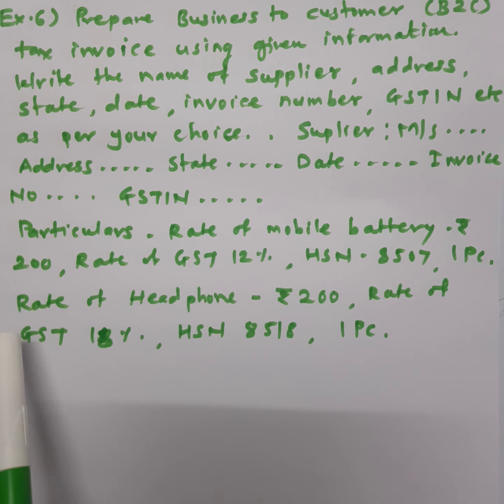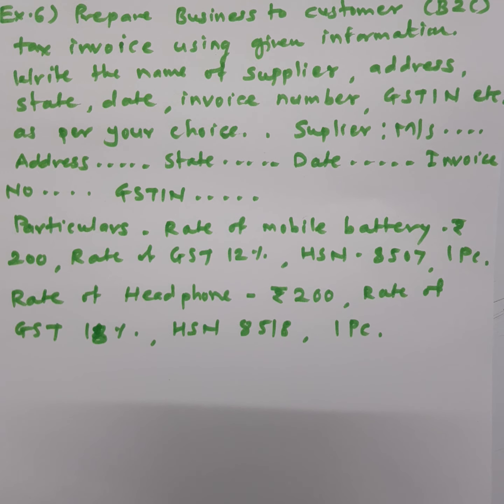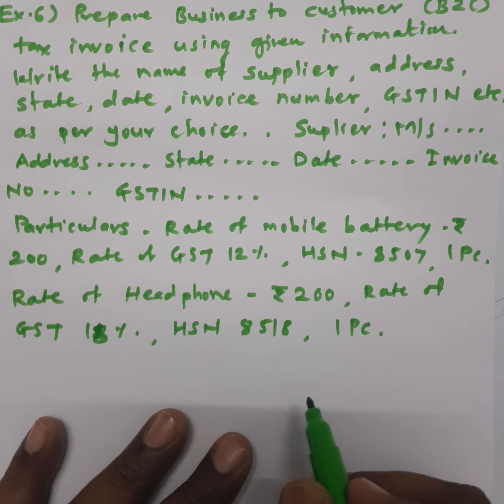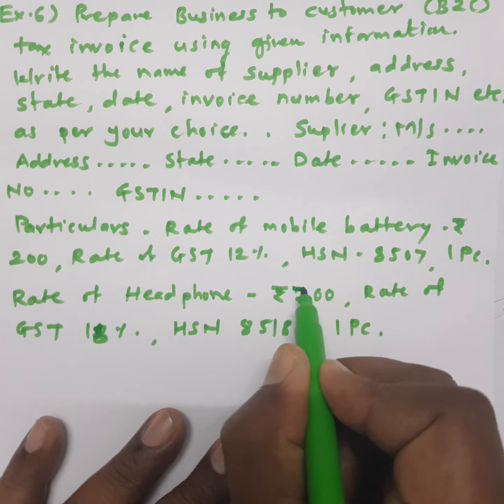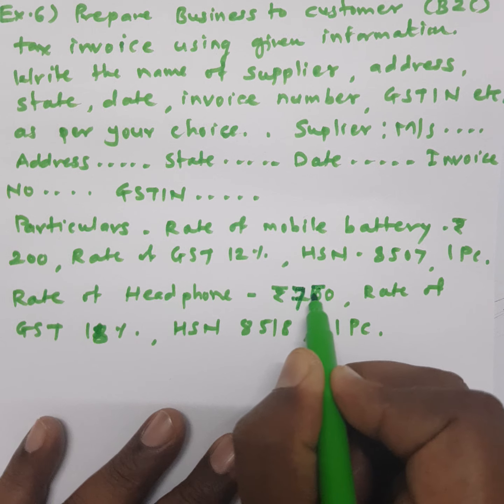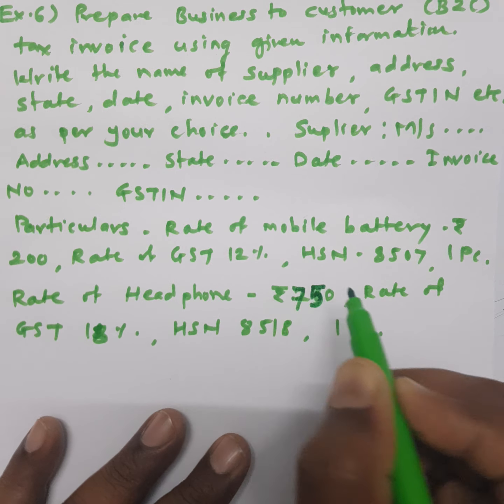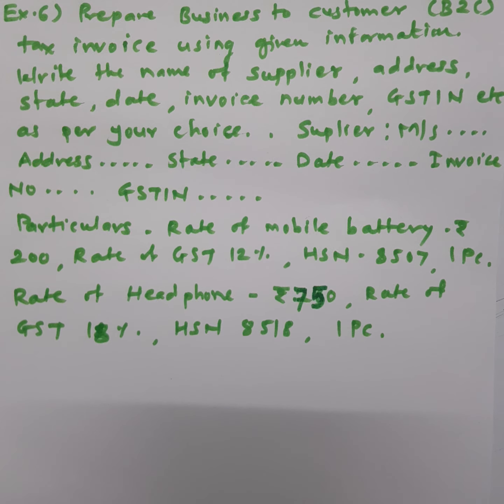Then the second item, headphone, rate of GST 18%, and HSN code is given, and one piece is purchased by the customer. Here the rate of headphone is 750 rupees. Now we will see how to prepare the invoice of these goods.